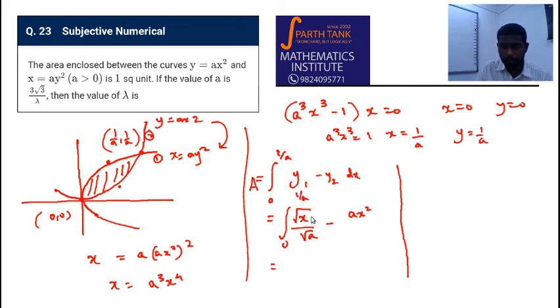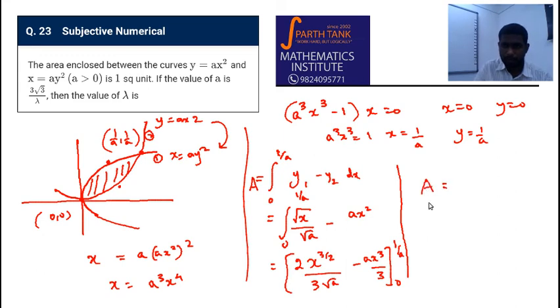Now what does this become? This becomes x to the power 3 by 2 by root a, 3 by 2 goes up, minus ax cubed by 3, from 0 to 1 by a.